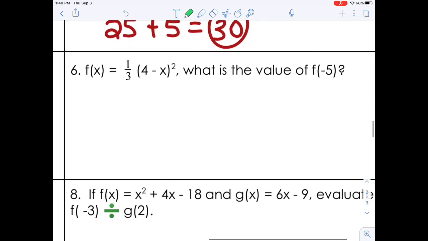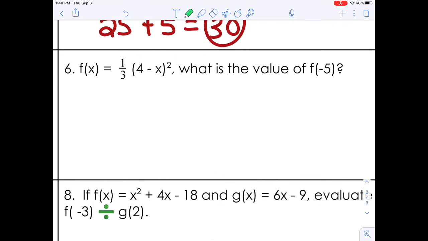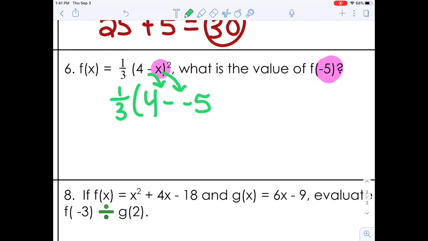Number 6, same thing. We're just going to be plugging in for x. If f of x equals 1/3 of 4 minus x, all squared, what is the value of f of negative 5? Plug in negative 5 for x. So we have 1/3 of 4 minus negative 5, squared. Follow your order of operations.